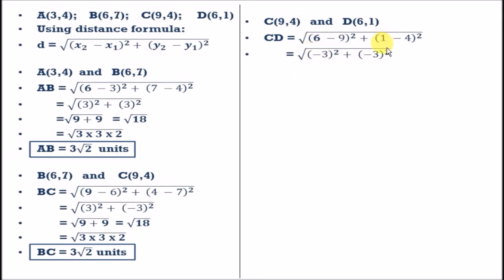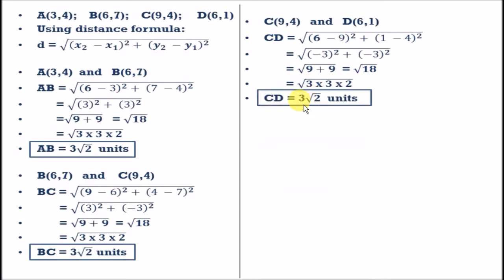Plus, again 4 is the bigger number, so the minus sign will carry on. 4 minus 1 will be 3, so minus 3 whole square again. Minus into minus will give us plus. 3 3s are 9, again 3 3s are 9. So under root 18 again. So let's express again in the form of 3 into 3 into 2. So the measure of CD is also equal to 3 root 2 units.